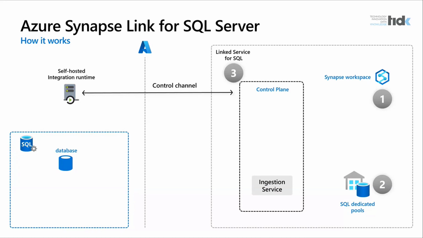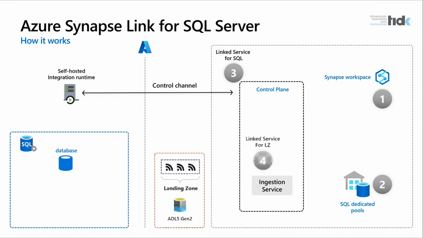We use it to create this control channel for our ingestion service. The ingestion service will be something very important here to keep this link between on-prem and Synapse workspace alive. So the first one is the linked service for our on-prem SQL Server.